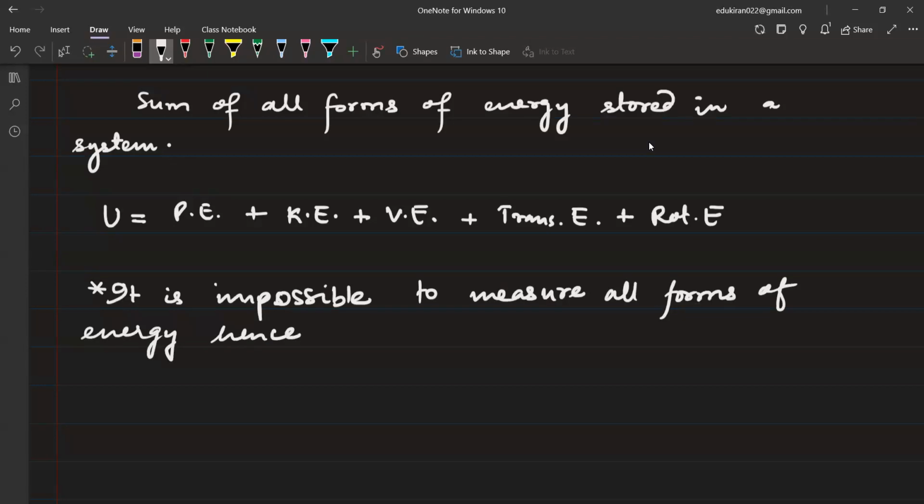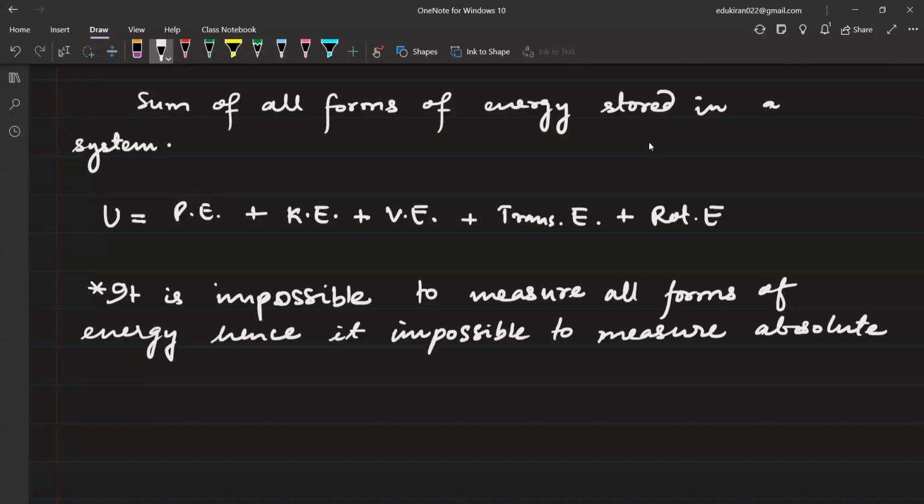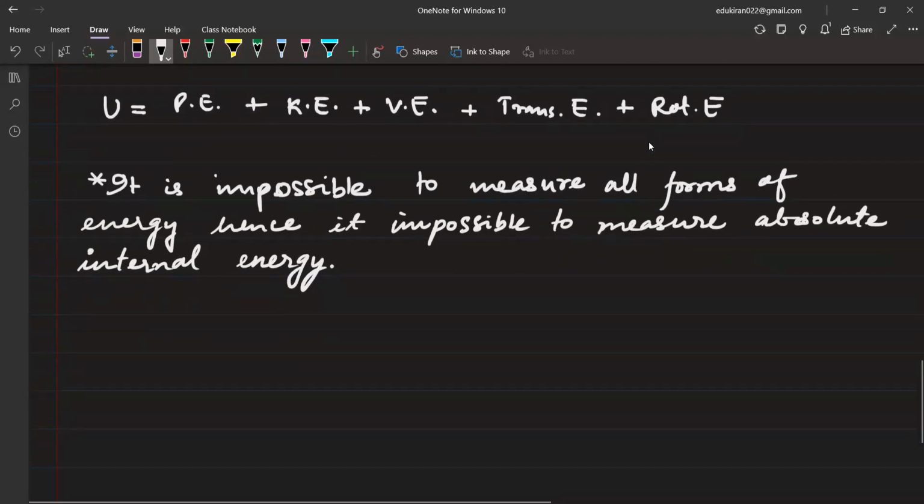Hence, it is impossible to measure absolute internal energy. Absolute internal energy.